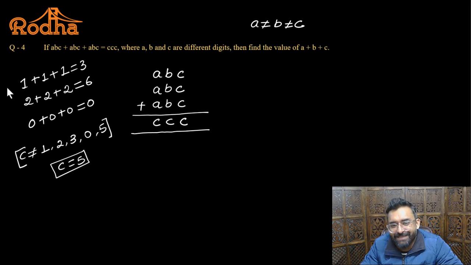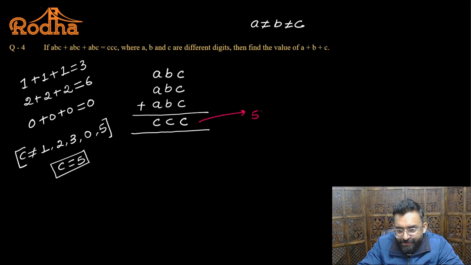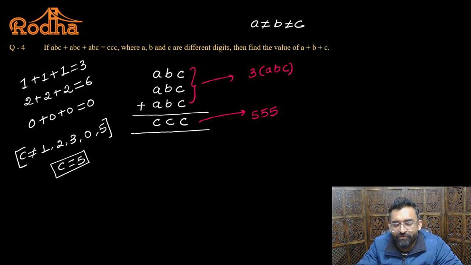Now once you get C, it's very simple to identify. This number is definitely 555. And if I look at this, this can be written as ABC, ABC, ABC 3 times. So this is 3 times of ABC. If I am adding the same number 3 times, that can be written as 3 times of ABC.